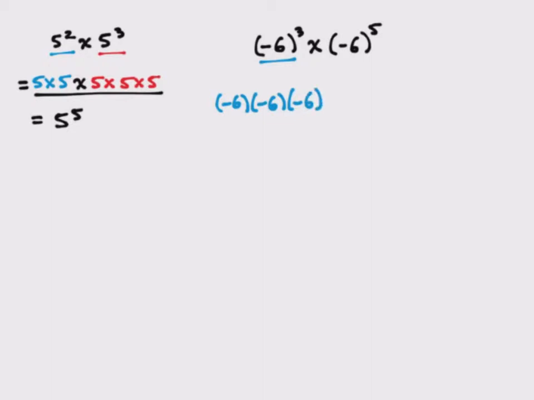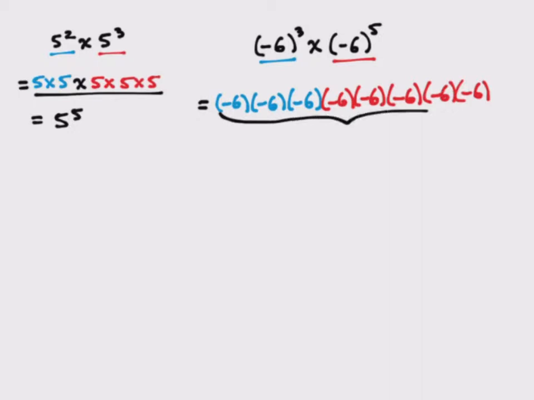And we can write negative 6 to the fifth power as negative 6 times negative 6 times negative 6 times negative 6 times negative 6, 5 times in total. And so when we rewrite these two exponential terms using the definition of an exponent, we end up with 8 negative 6's being multiplied by one another. And we know how to write that. That's just negative 6 to the eighth power.